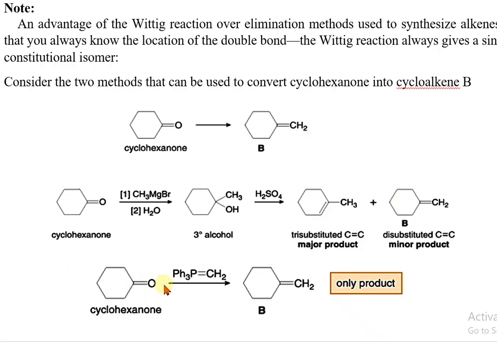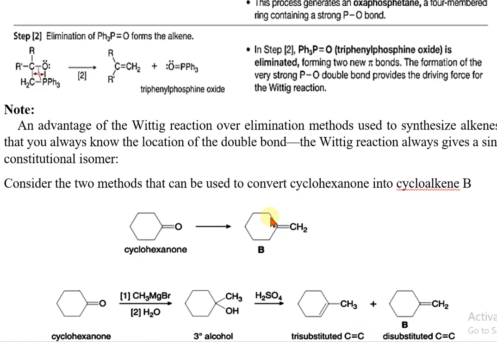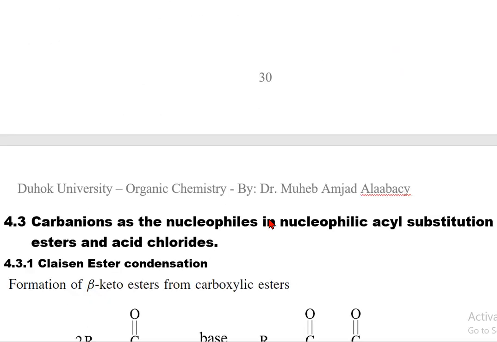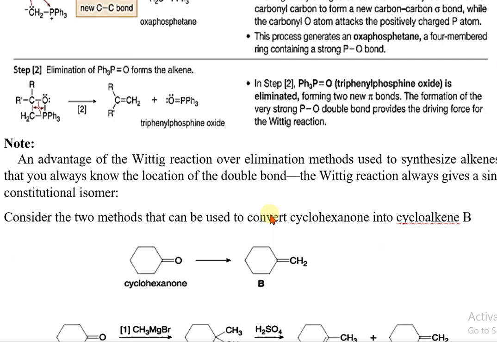But by using the phosphonium ylide Wittig reagent, just one product is formed in this reaction. This is a very big advantage of the Wittig reagent: it gives just a single constitutional isomer.